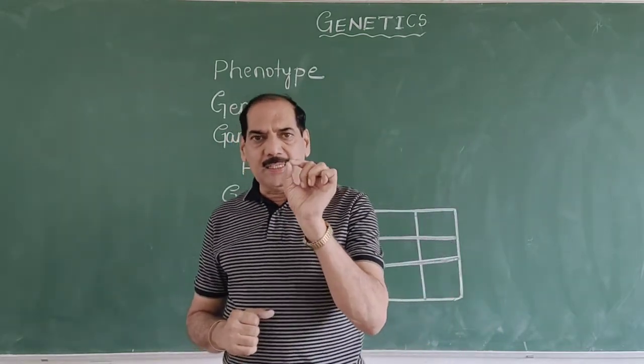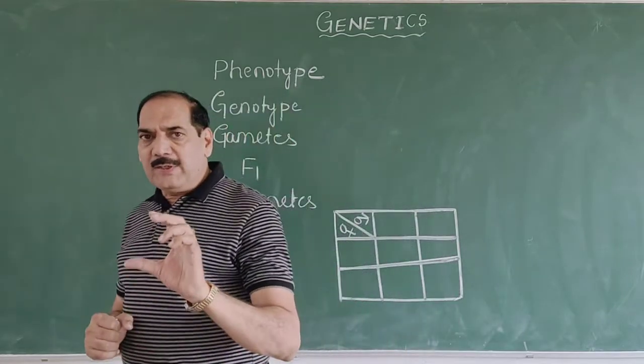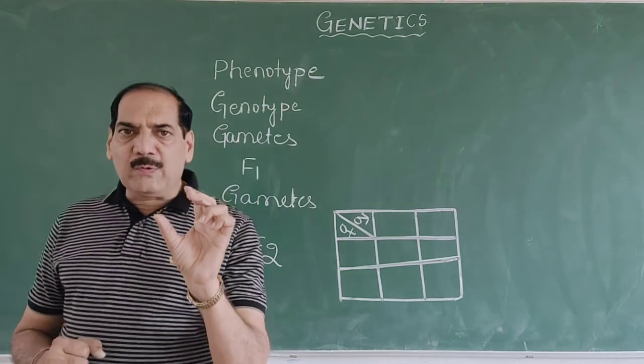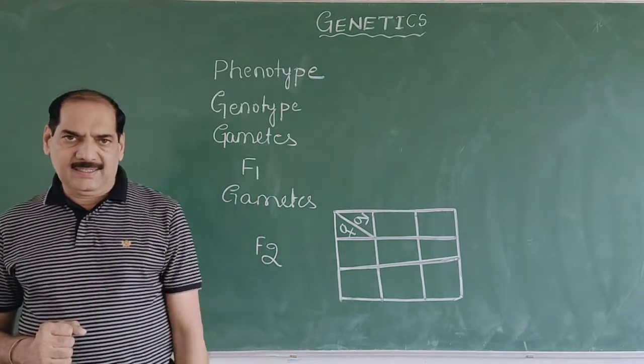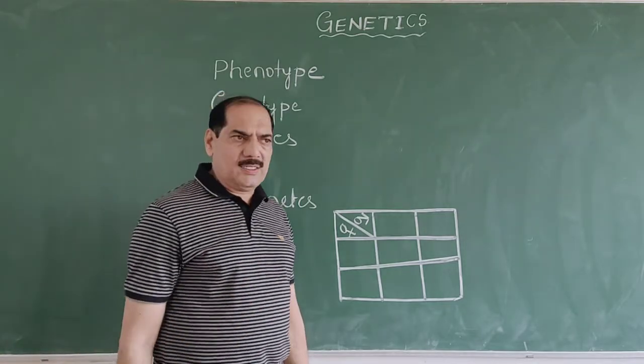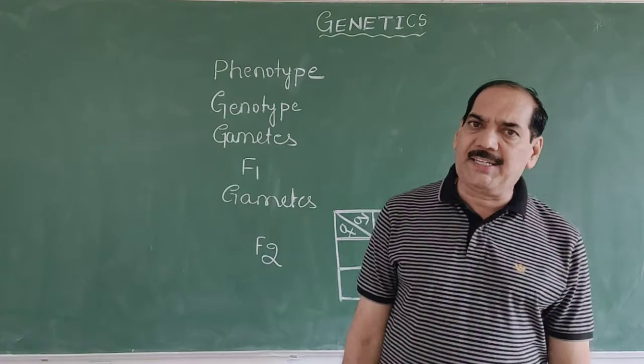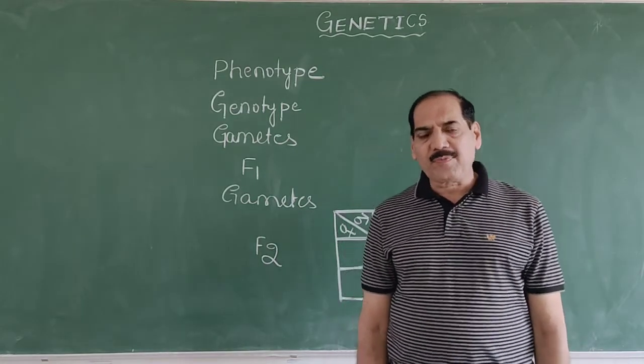They differ in the color of the seeds. They differ in the shape of the pod. They differ in the color of the pod. So similarly he noted 7 contrasting characters in a pea plant.